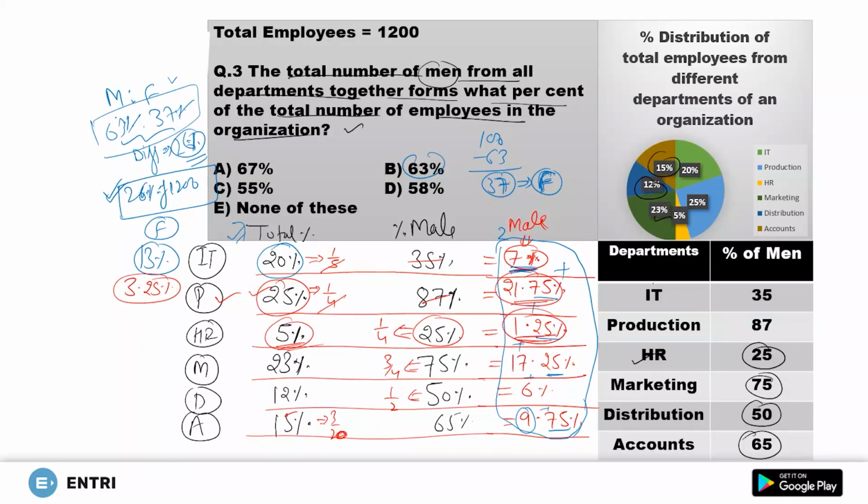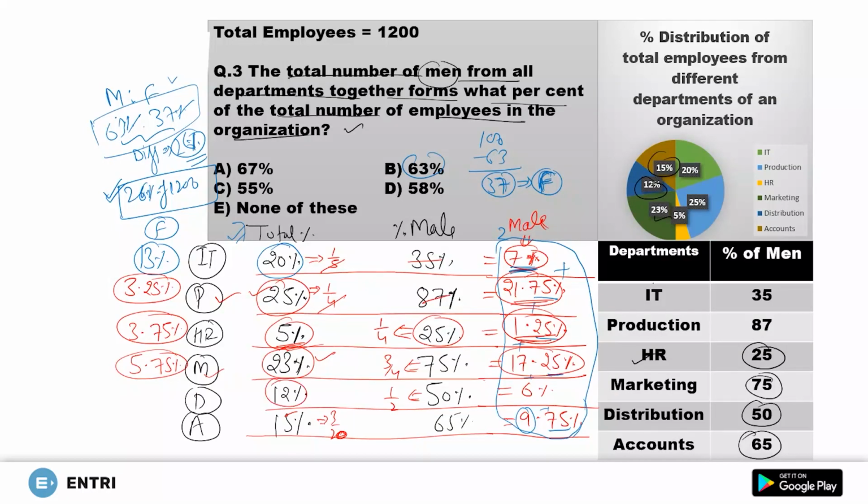So what are female? 5 minus 1.25, you will get 3.75. If 23% is total in marketing, out of those 17.25% are male, then female will be 5.75%. I hope you are getting my point.